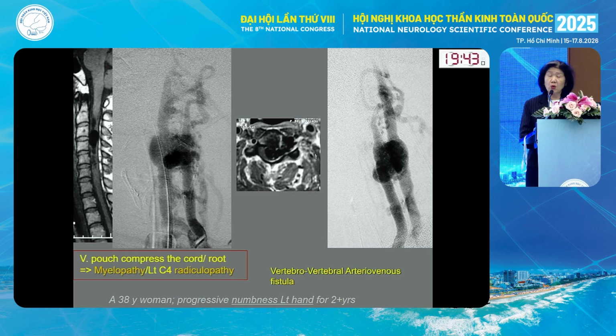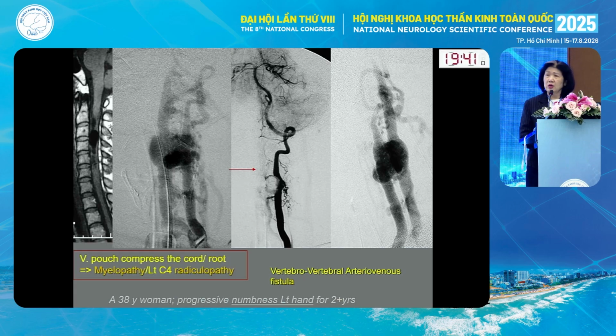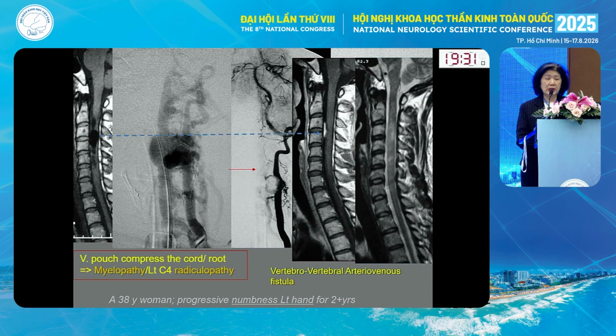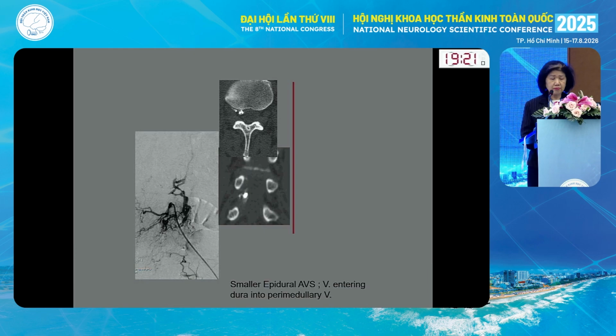If you know exactly where the shunt is, you just put in balloons or embolic material to stop the shunt, and the patient can regain normal neurological function later on. For example, this is a follow-up before and after, the pouch collapsed into a scar and never came back again.